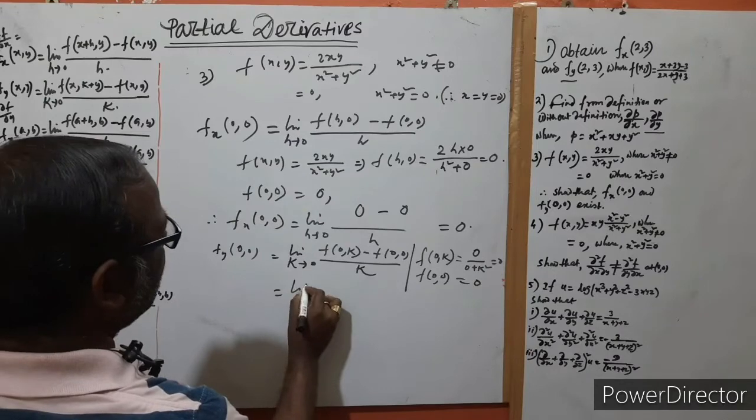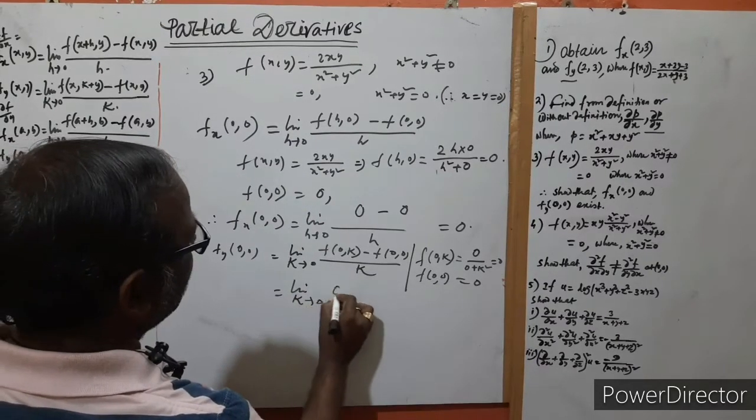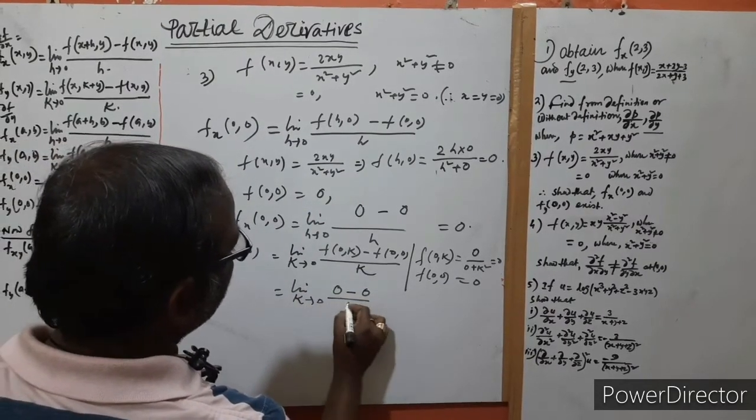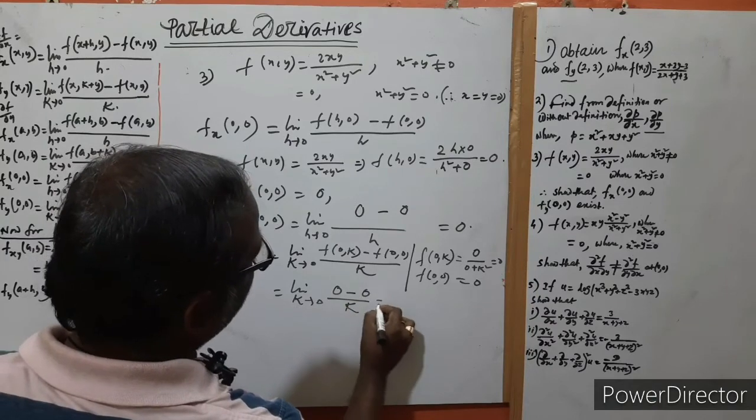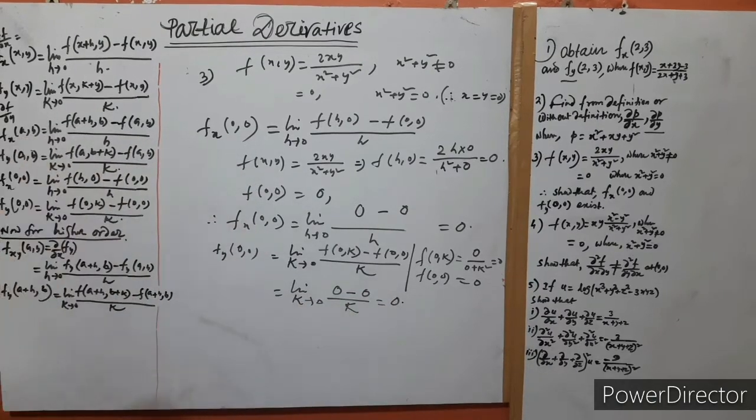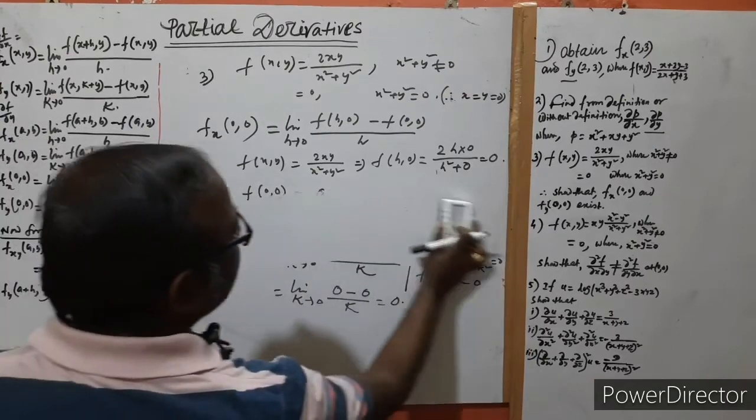Therefore the limit as k tends to 0 is (0 − 0)/k, which is equal to 0. So both values exist. Both the differentiation with respect to x and with respect to y exist, from the first principle. See carefully, this is an interesting question. Now we proceed to question number 4.